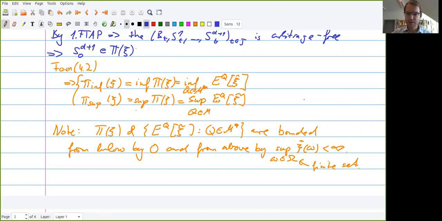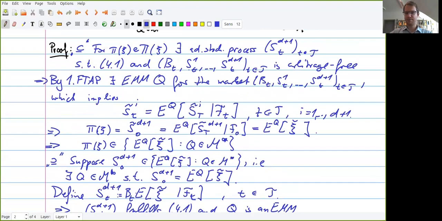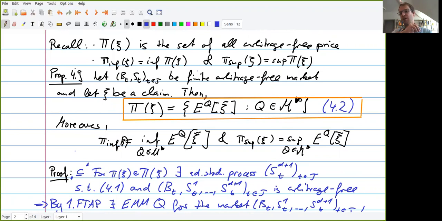Let's go back to blue. Okay, so what we have seen now is, it doesn't matter if we have a replicable or not replicable claim xi, we always have the representation of the set of arbitrage-free prices in terms of the expectation under martingale measures.